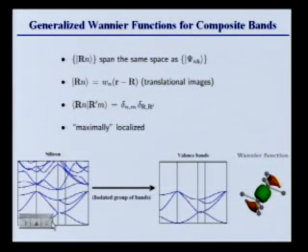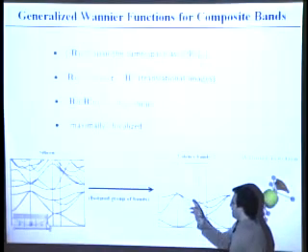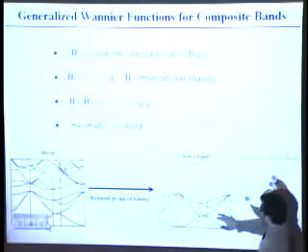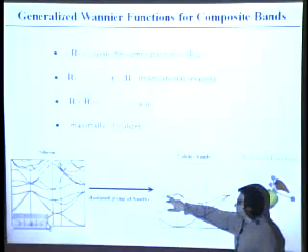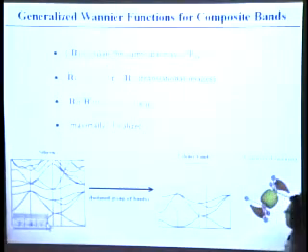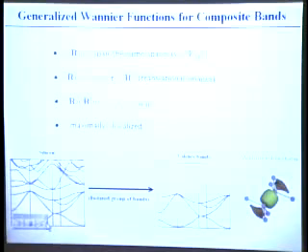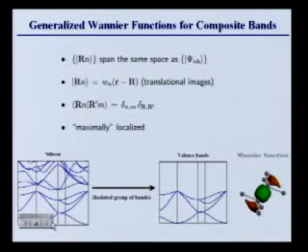Usually what we choose is a representation in which we are looking at eigenstates of the Hamiltonian. So each of these states has the characteristic of being an eigenstate of the Hamiltonian. You apply the Hamiltonian to that state, and what you obtain is a constant, that is the energy eigenvalue, times the state itself.